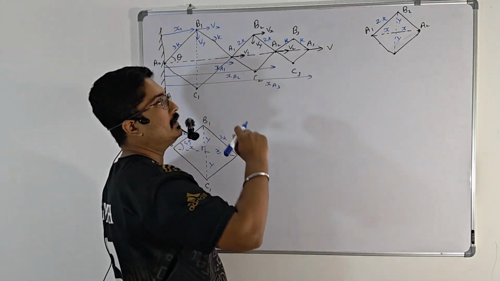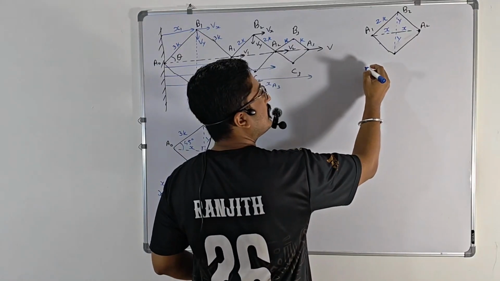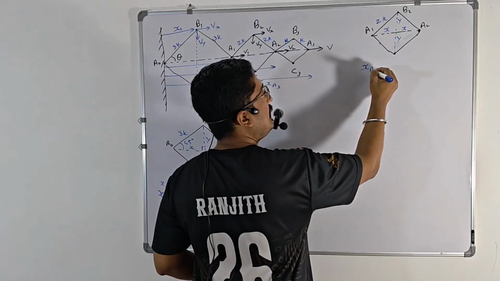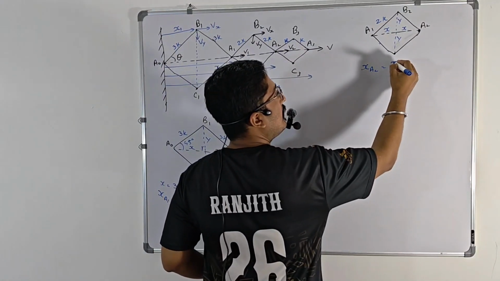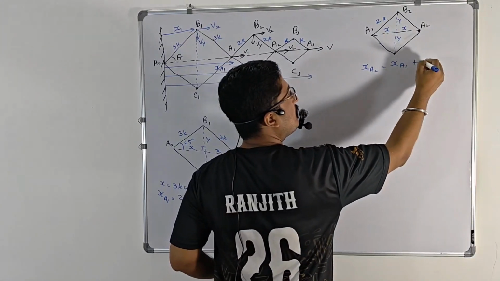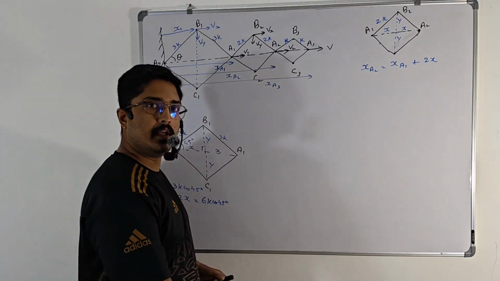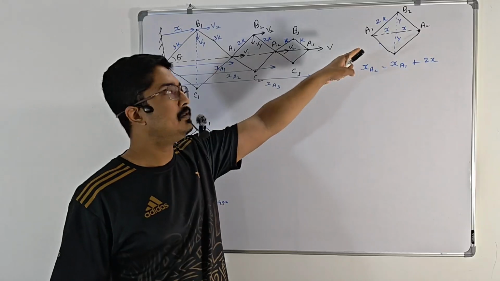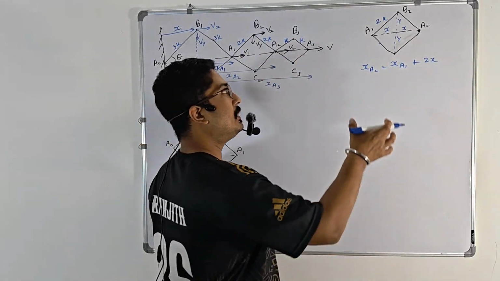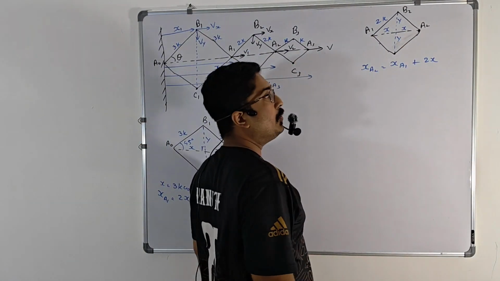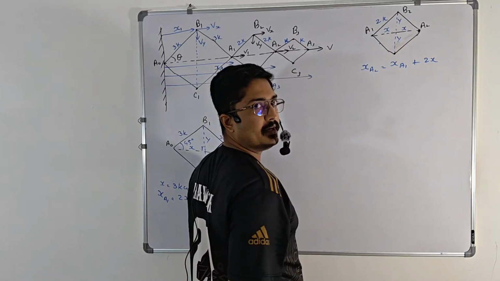Same logic. Think here. Can I say XA2 is equal to XA1 plus 2x? Again, what is x in the second rhombus? In the second rhombus, 2x is again the horizontal diagonal, and x is half of that diagonal.